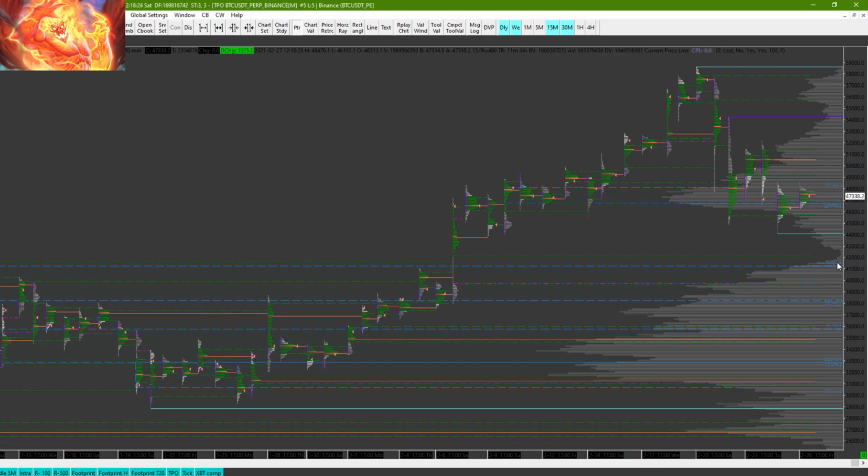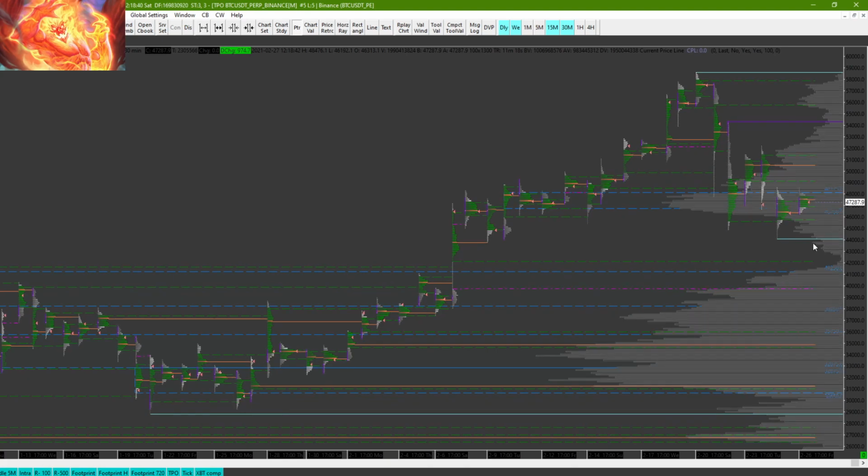So that's a little bit on the high volume node. A little bit on the low volume node is just like I said, that there's the absence of volume, and how those are traded normally is that you're either going to very quickly come to it and bounce off of it, which is probably more often the way that you're going to want to trade them, I would say. But occasionally what happens is that when you come down to this low volume node and you don't get a quick response, price is normally going to fill in that void because that is an inefficiency.